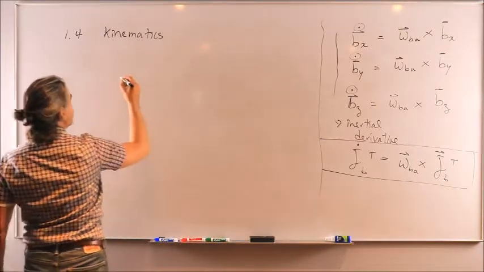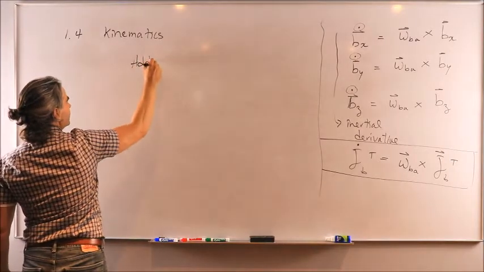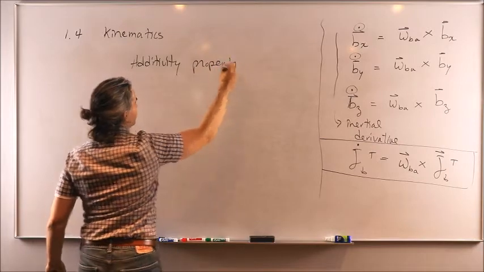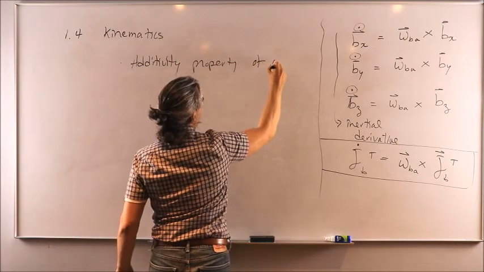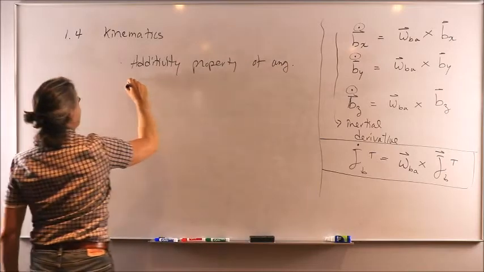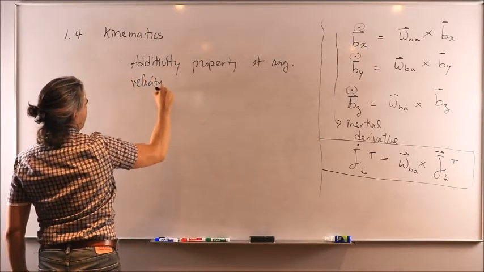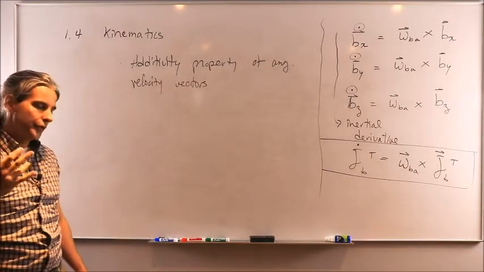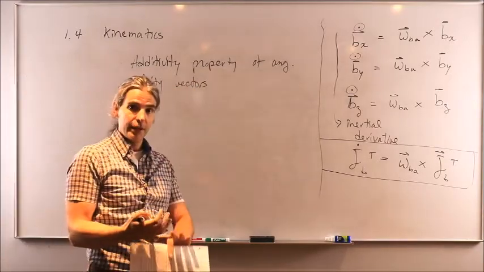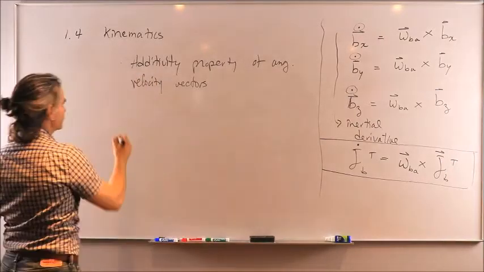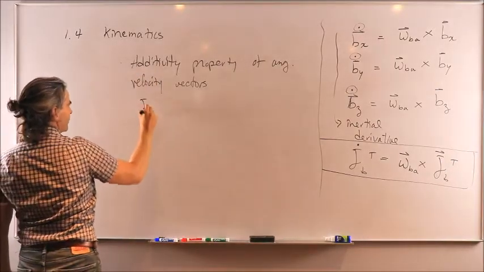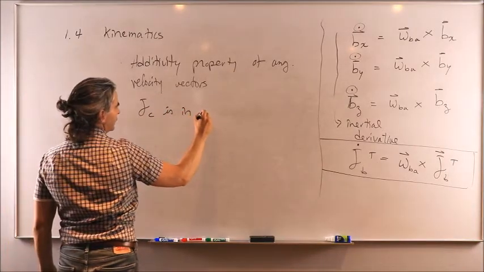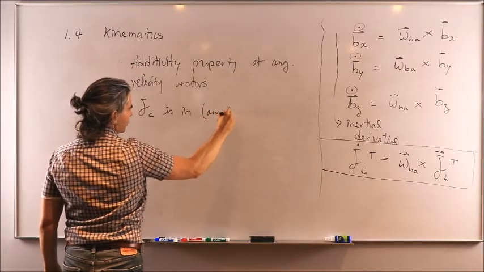Last thing I want to talk about is the additivity property of angular velocity vectors. So let's pretend now you have three reference frames. Reference frame C, B, and A, where reference frame C is in, obviously, angular motion.